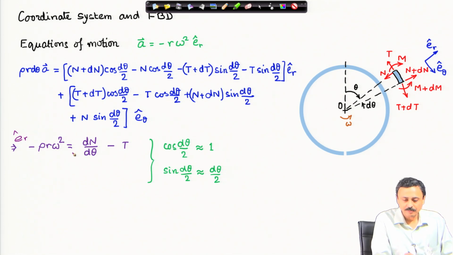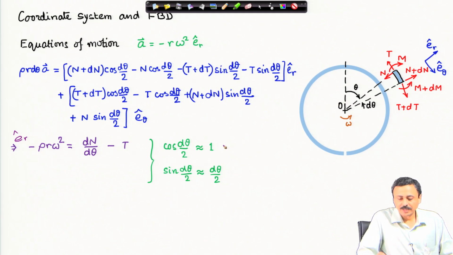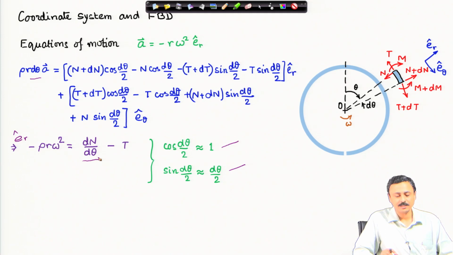Here I have made some simplifications. I have approximated cosine d theta by 2 as 1, and sine d theta by 2 as d theta by 2, and I have also dropped the second order small terms. I have taken this d theta from the left hand side to the right hand side, and that is how I get dN over d theta, etc.